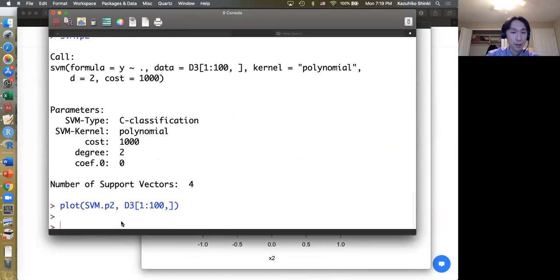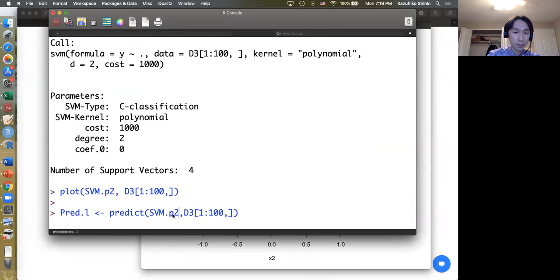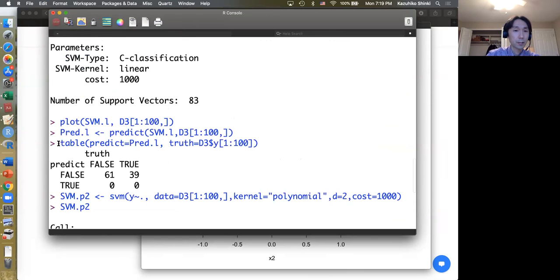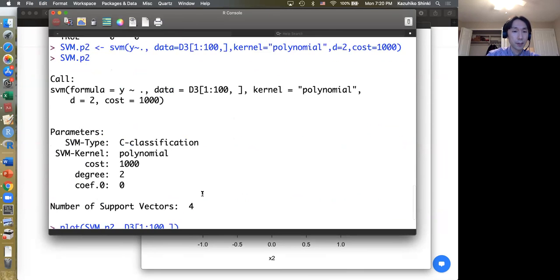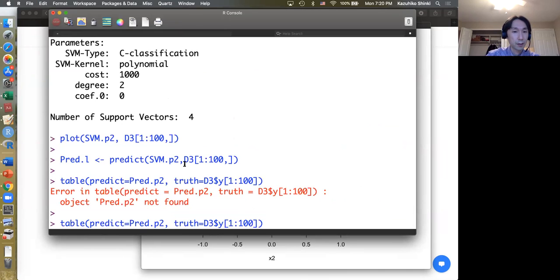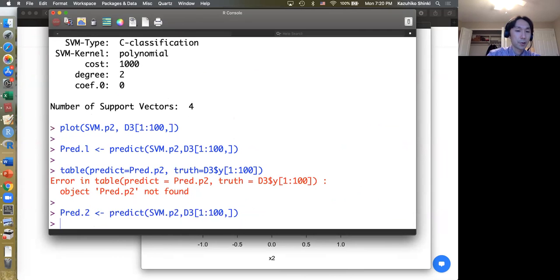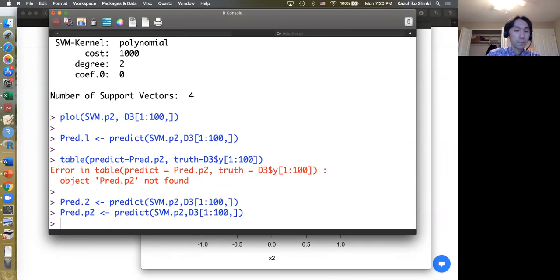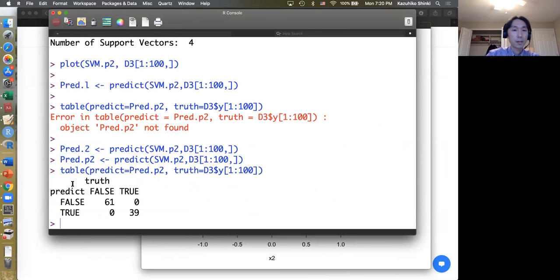You can do the same thing with the predict function on P2, then also use the table function with the predicted value P2. Then actually it is a perfect separation.